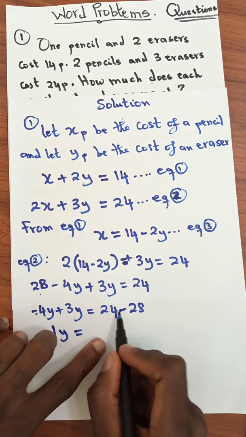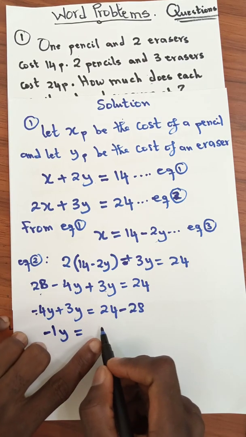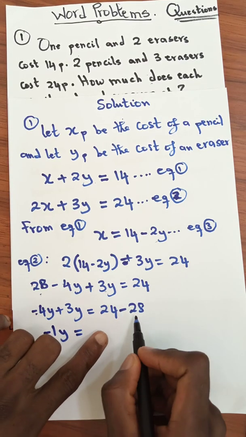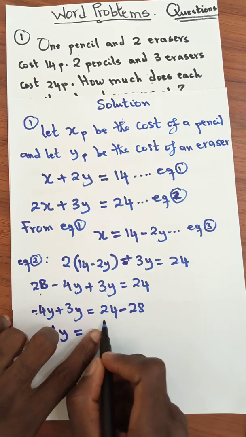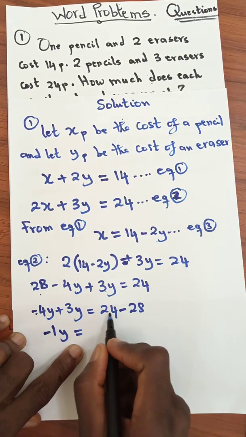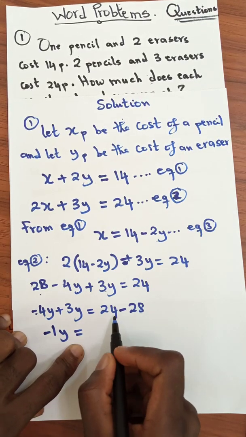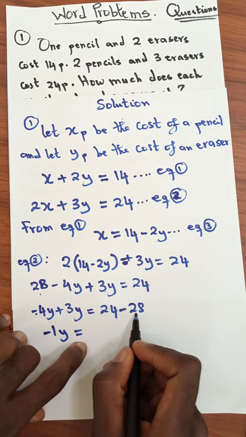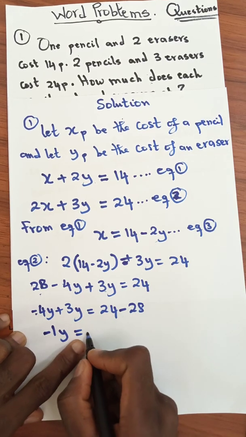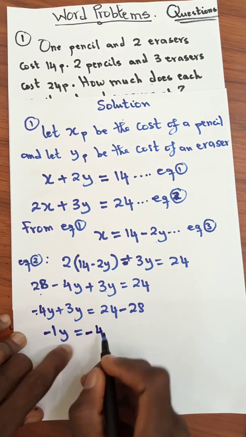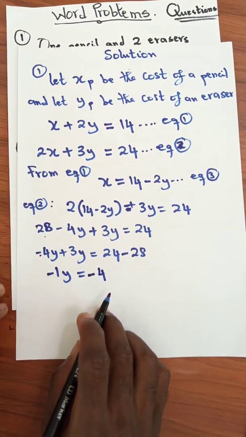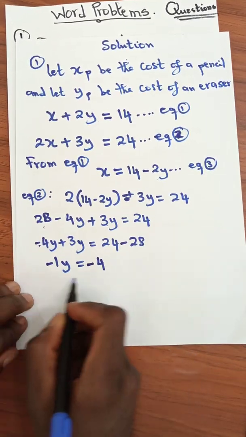Let me just say 28 minus 24, then you negate it, because you are subtracting the bigger one from the smaller one, so you still have a negative 4 there.